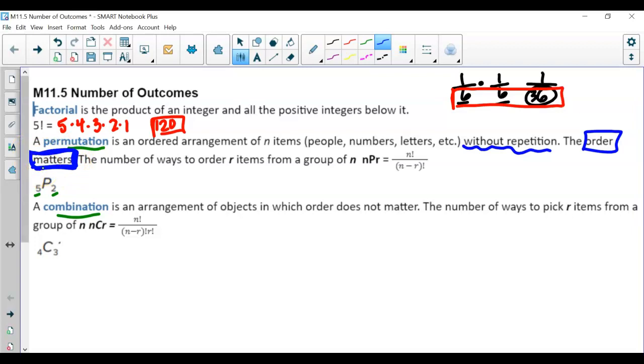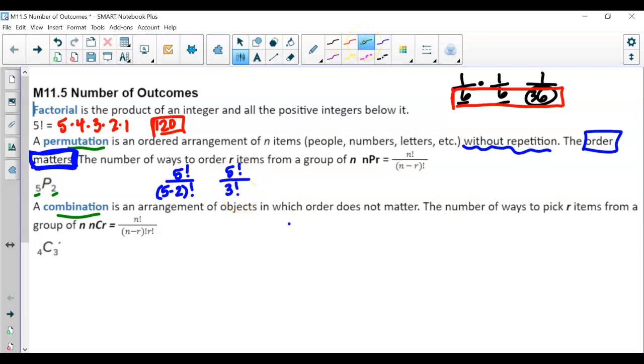It is very specific. Now, to set this up, we would have 5 factorial over 5 minus 2 factorial. So really, this is 5 factorial divided by 3 factorial.